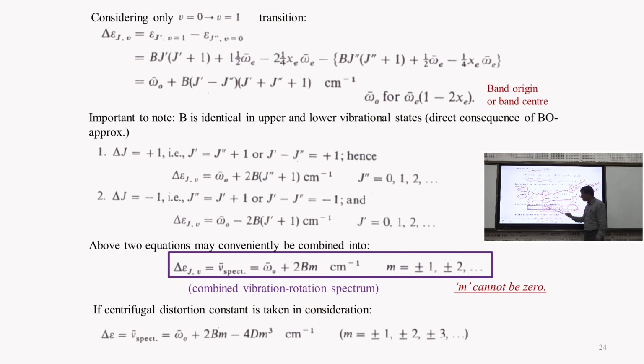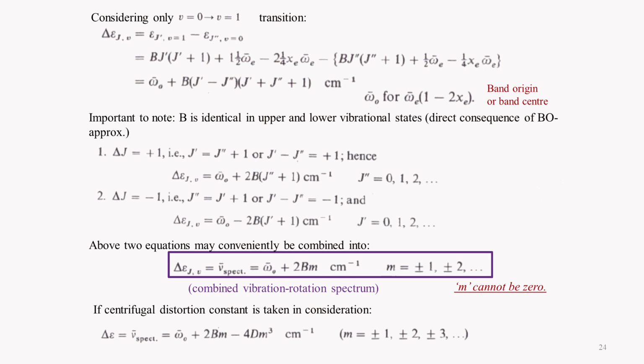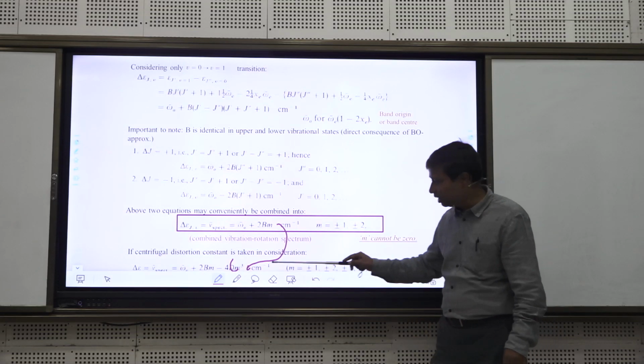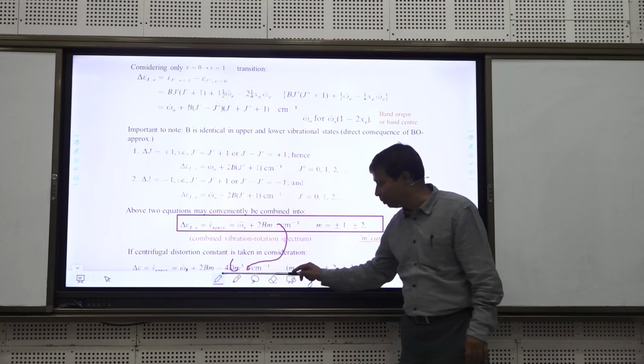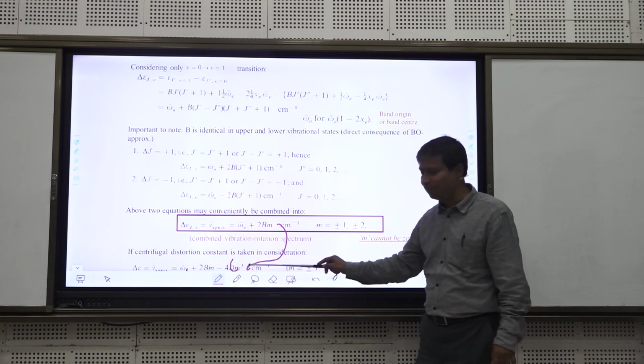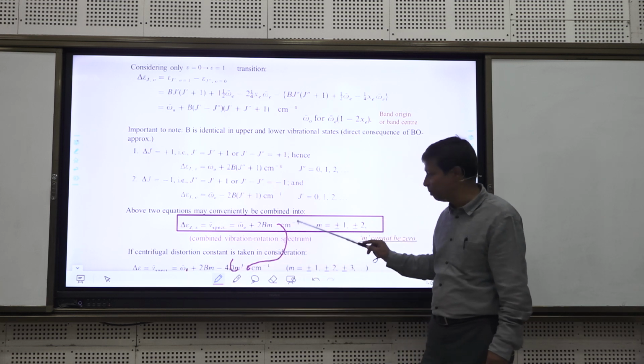Always you will have either 2b plus or 2b minus, because m is not 0. Okay. So if you are considering this D term or H term, then it becomes omega 0 plus 2bm minus Dm cubed. Otherwise, this is the simplest example.